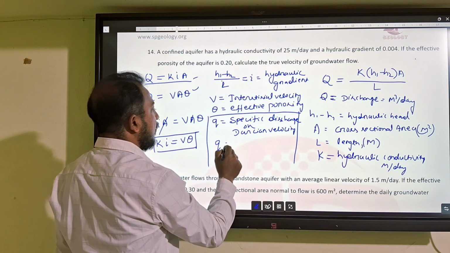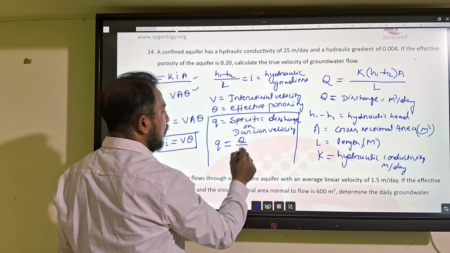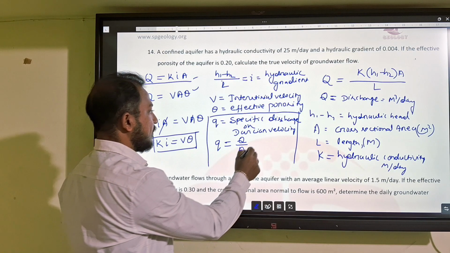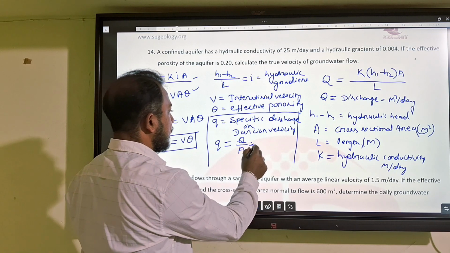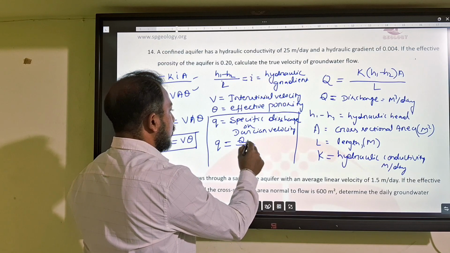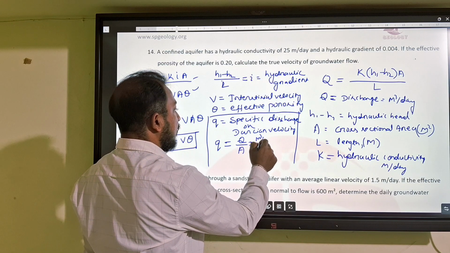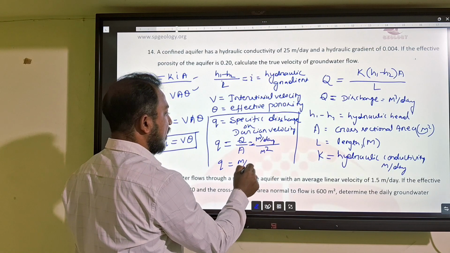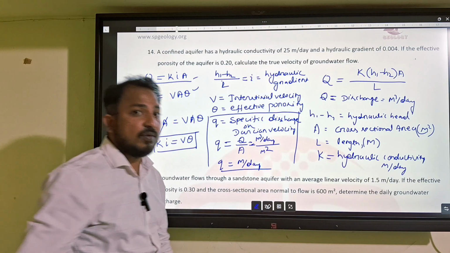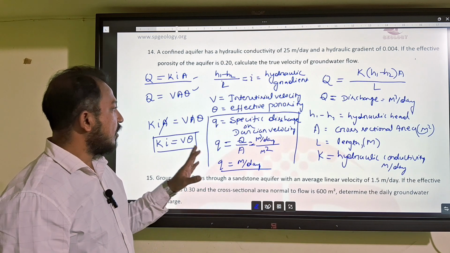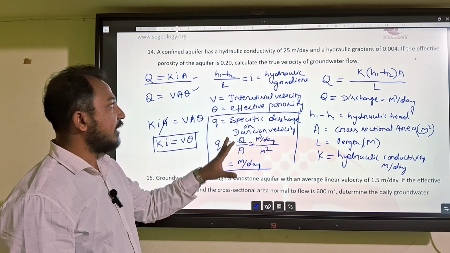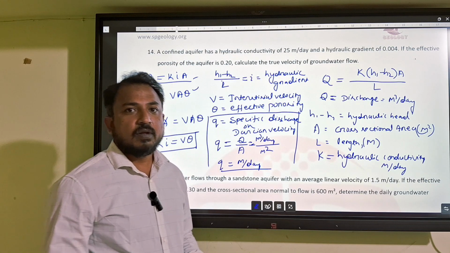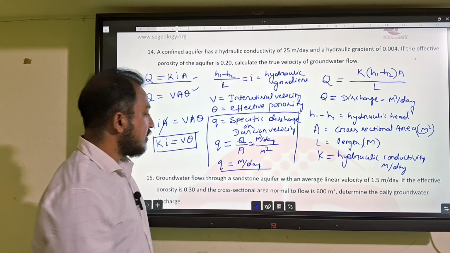So q equal to Q by A. As Q has a unit of meter cube per day and A has a unit of meter square, q has a unit of meter per day. It's called your Darcian velocity. Understood? So now we will use these equations in the questions. So now let's solve some problems.